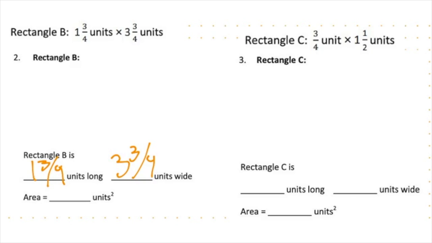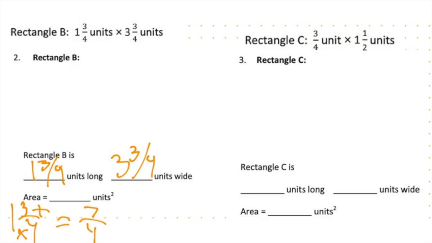Let's change those to improper fractions together. So 1 3/4, right? First 1 times 4 is 4. Add that to 3, 7 over 4. That is 7/4.